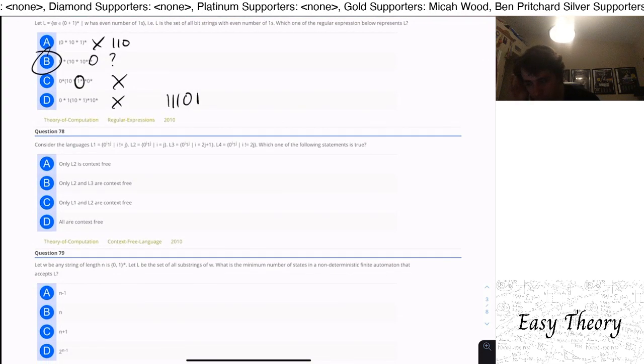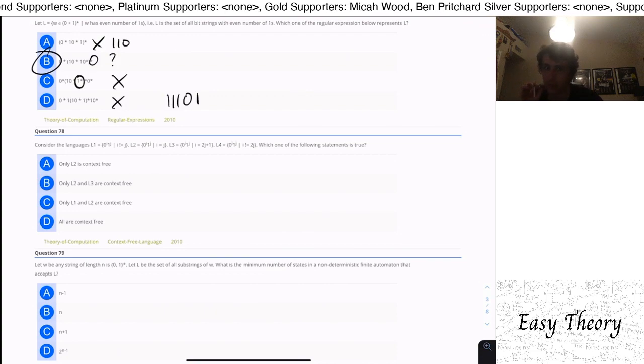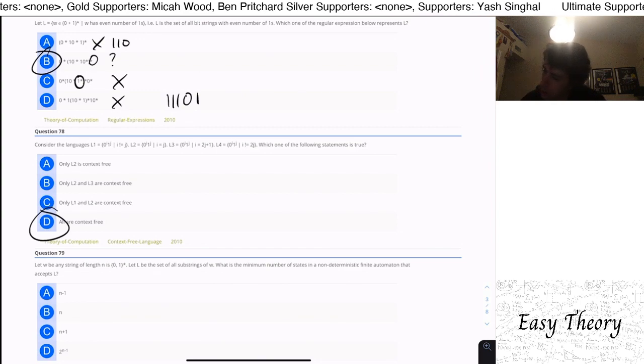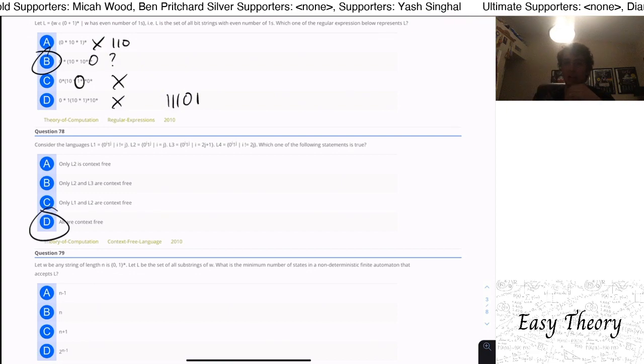Consider the languages here. Which ones are context-free? Which ones are not? Yeah, all of them are context-free. Because the not equals you can handle with less than or greater than. And then that'll get exactly what you want there.